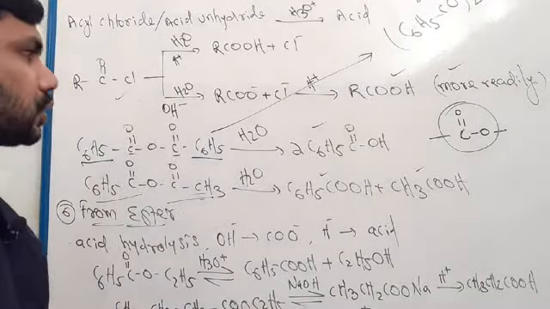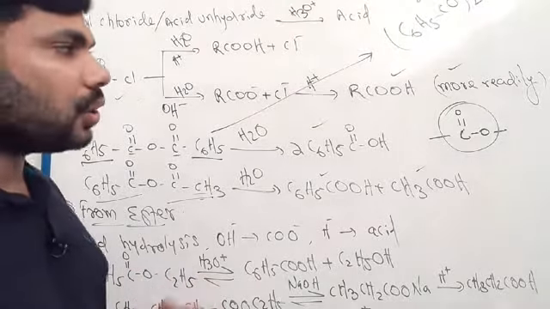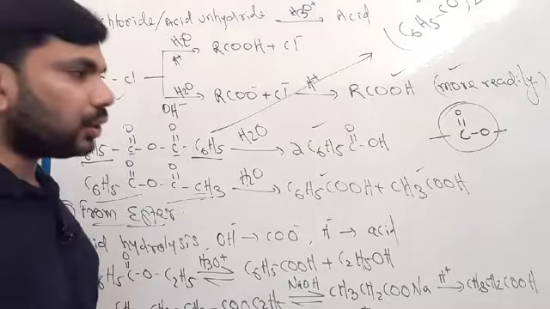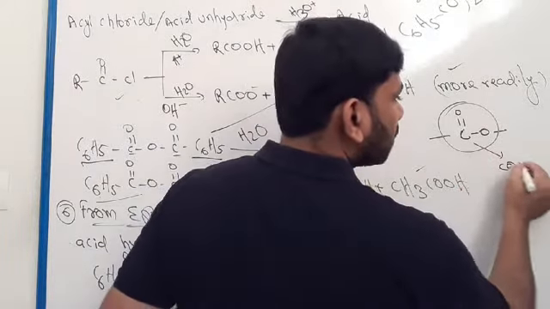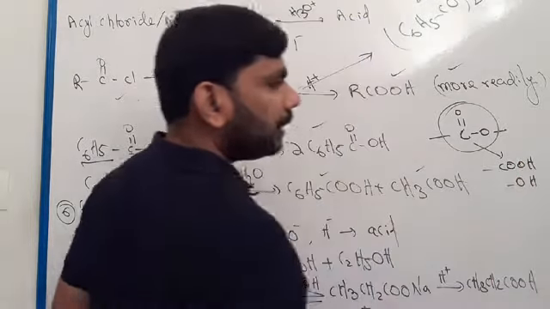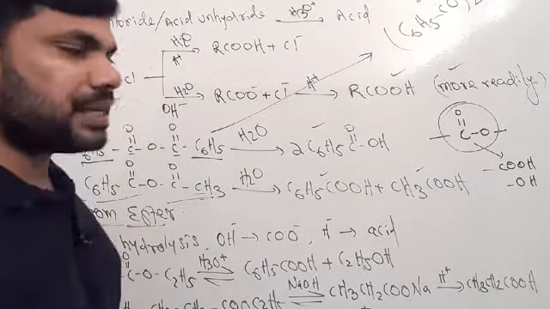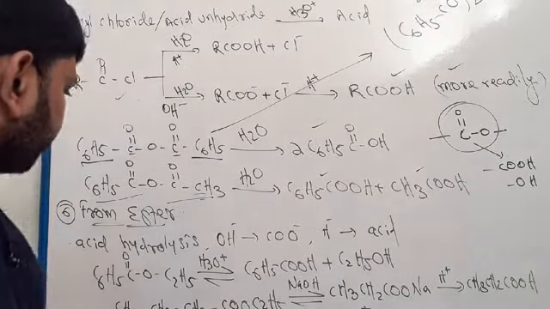Ester, after hydrolysis, produces carboxylic acid and alcohol. This hydrolysis takes place in the presence of dilute acid.